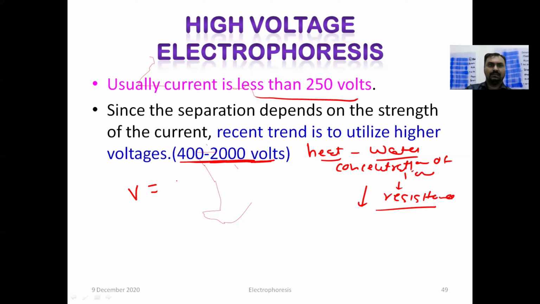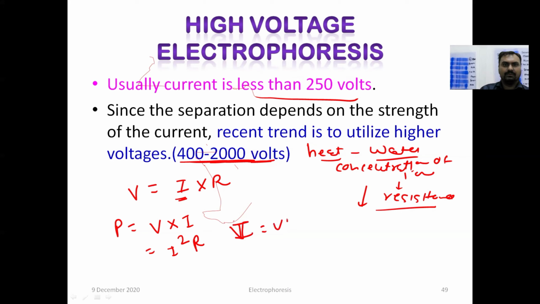Voltage is equal to current into resistance, while power, or heat, is equal to V into I. So P is equal to I square R, where I is the current and R is the resistance, and I equals V by R. So it can be either P equal to I square R, or V square by R.